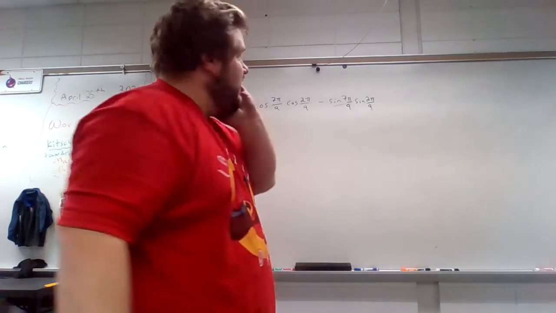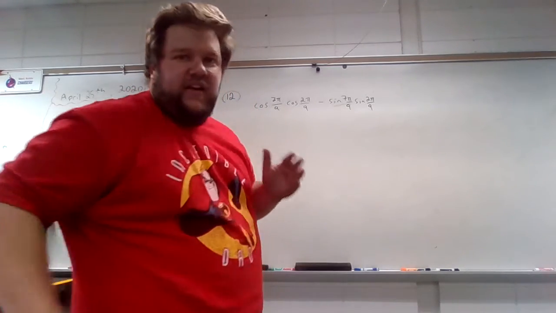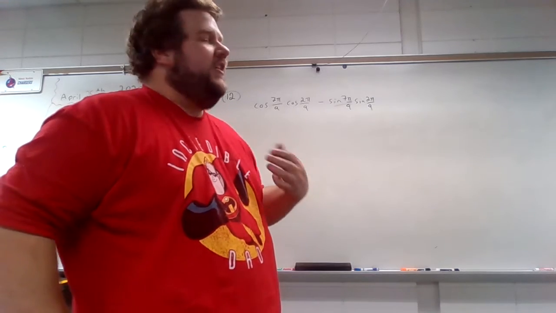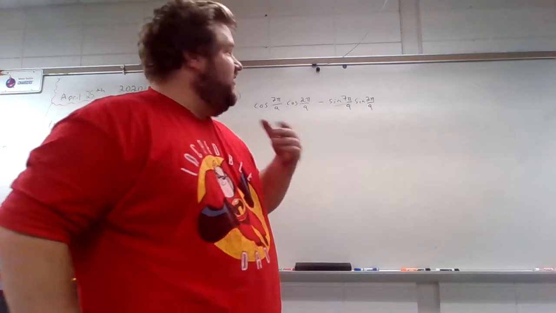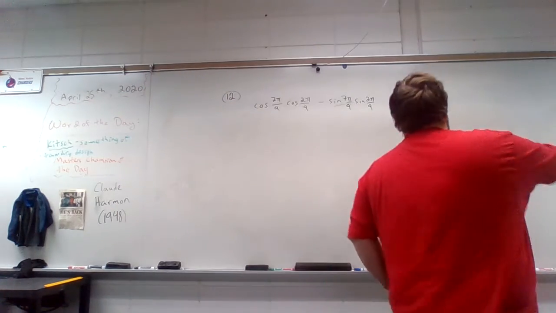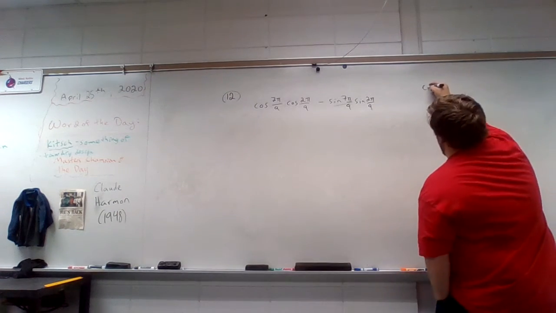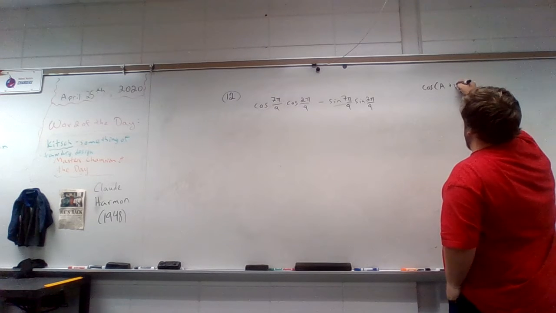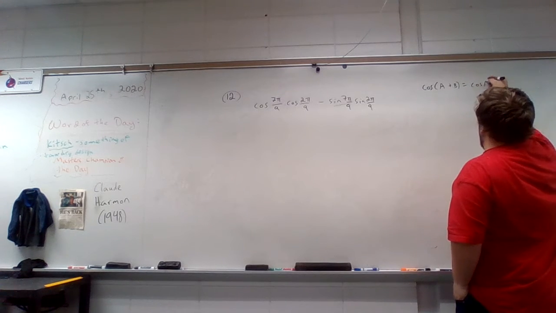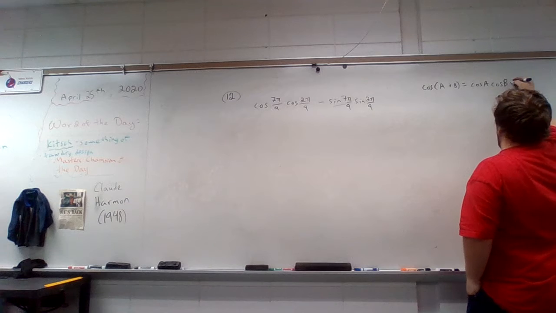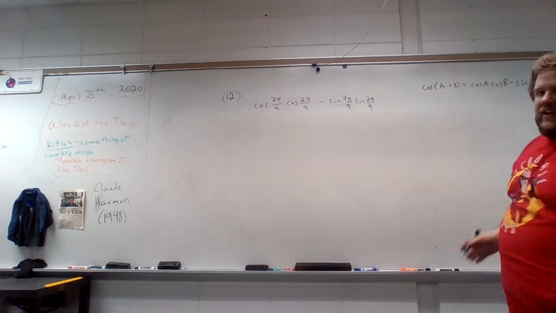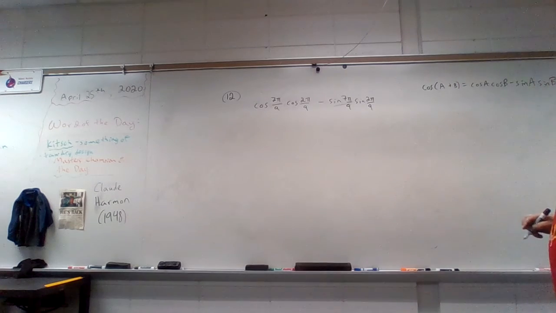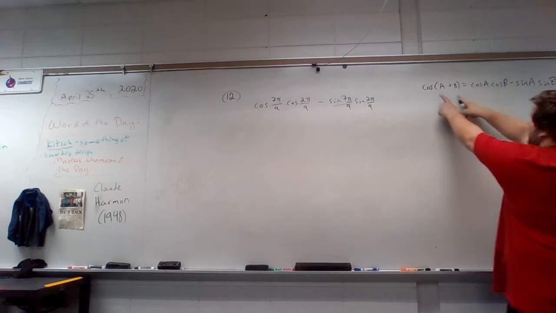Now this is in radians, and the key is I want to figure out what identity this is actually using. So it's actually using this identity here: cosine of A plus B was cosine of A, cosine of B, minus sine A, sine B. But it's actually using it kind of in the opposite direction, going from here to here.